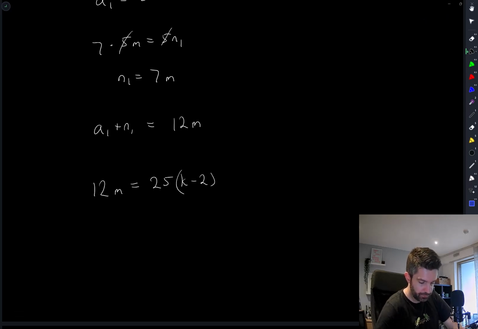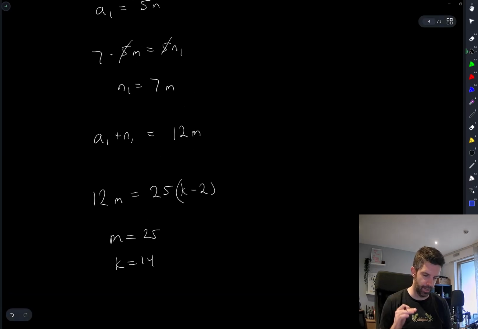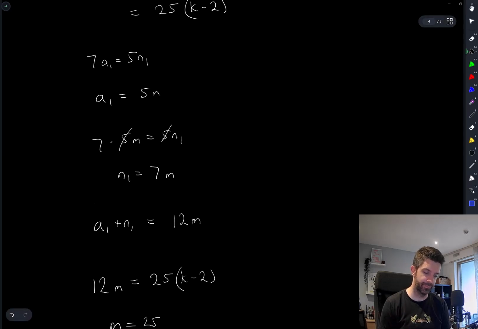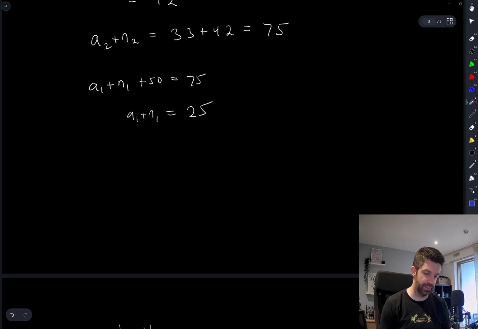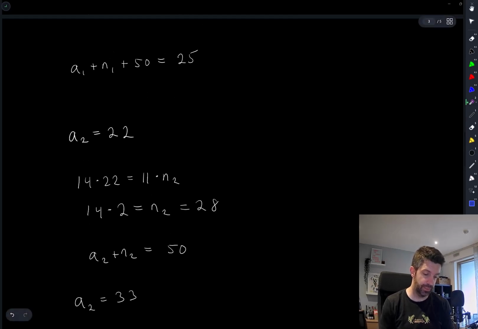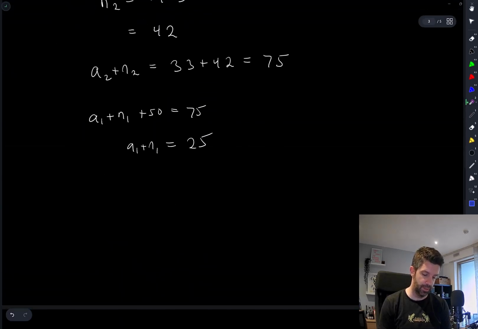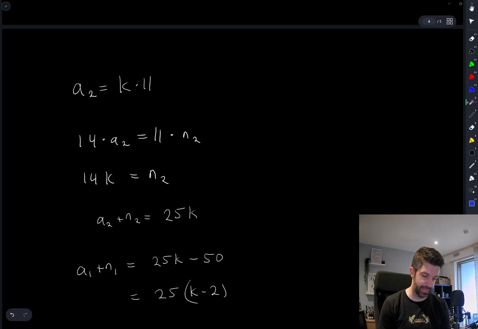I see the smallest value of m is 25, and the smallest value of k is 14. I should have known from the context of the contest that counting case-by-case like this, just counting up by multiples of 11, would have taken quite a while to get there. But doing this did help in that I was able to set things up in a general form. Let's continue though, make sure we get this.